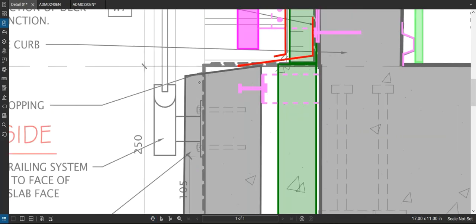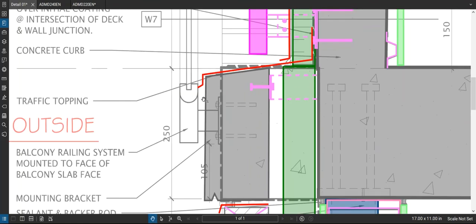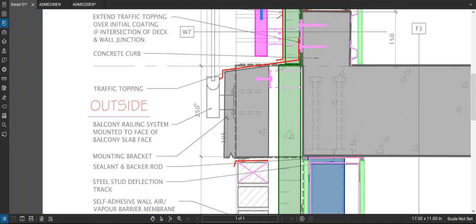And I should mention here too that you could extend this flashing out onto this, like so. It's all about looks. What do you want to see? This is a better solution for sure, to not let moisture accumulate on the concrete and have the drip edge here. But does the designer want to see that?